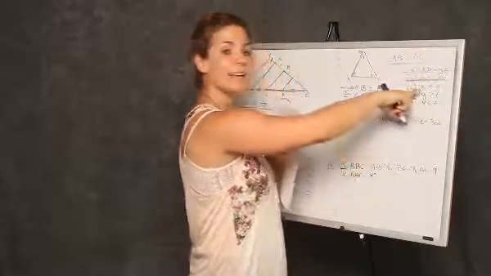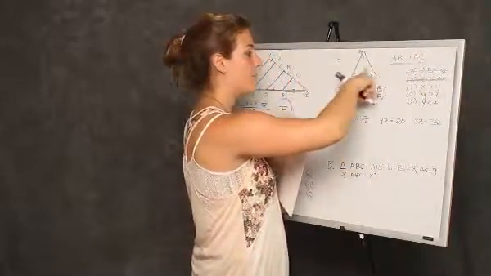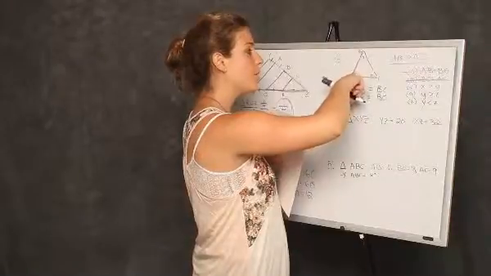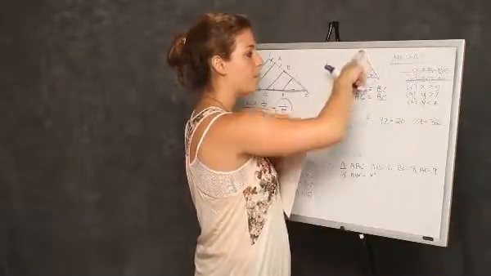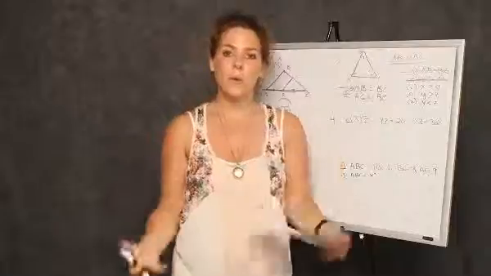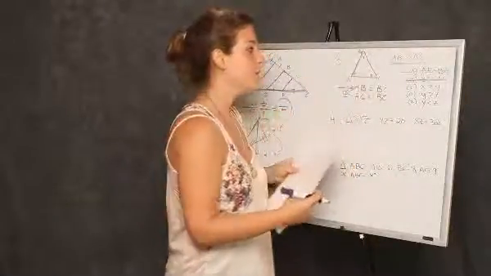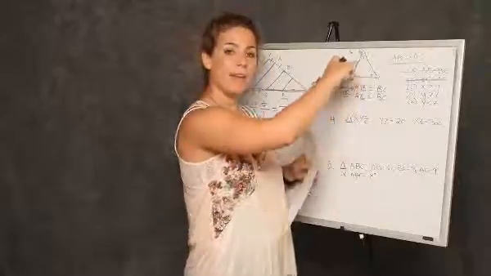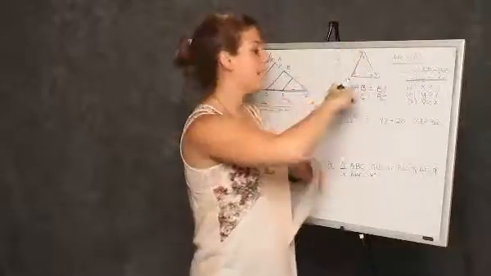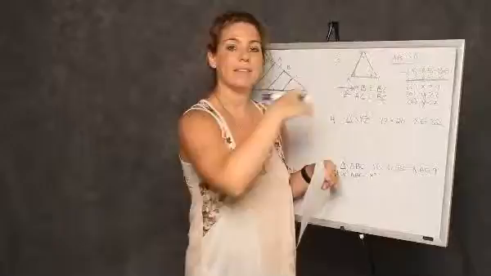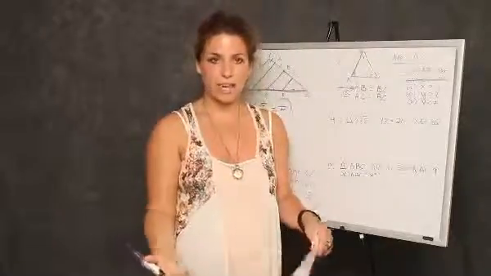Now it says x is greater than y. So if we know that AB is bigger than AC, what we now want to do is think about what effect that's having on the angles in here. So what we know about the angles in a triangle is that the angle opposite the biggest side is the biggest angle.